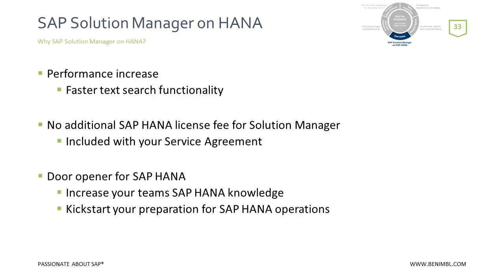If you go with HANA with the inbuilt TREX capabilities, now the text search function capabilities are going to be a whole lot faster if you do implement HANA. The license for HANA for Solution Manager is free. It's part of your service agreement, so why not leverage it? And then it can be a door opener for S/4HANA. So increase your team's S/4HANA knowledge, kickstart the preparation of S/4HANA operations.